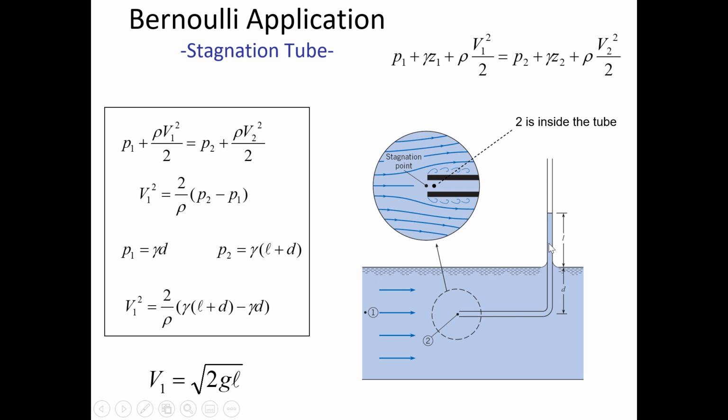Or you can use the stagnation tube as a crude way of approximating the fluid velocity in the stream. So you could use, in theory, a straw in a river, and you measure the deflection of the water, and then that would tell you the velocity because of the stagnation effect.